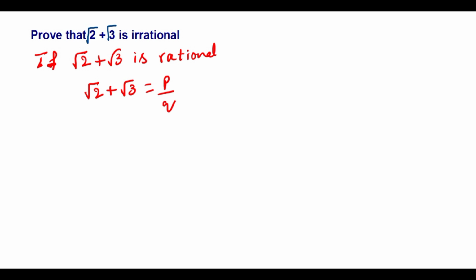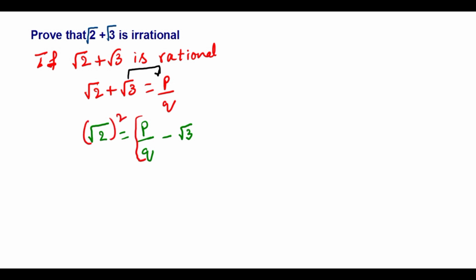Now if you transpose this from here to here, root 2 is equal to p by q minus root 3. Now take squaring on both sides.